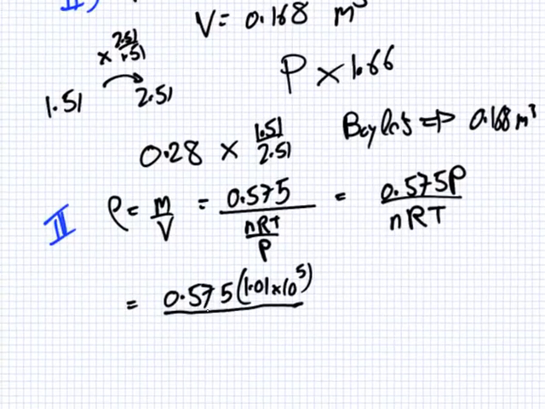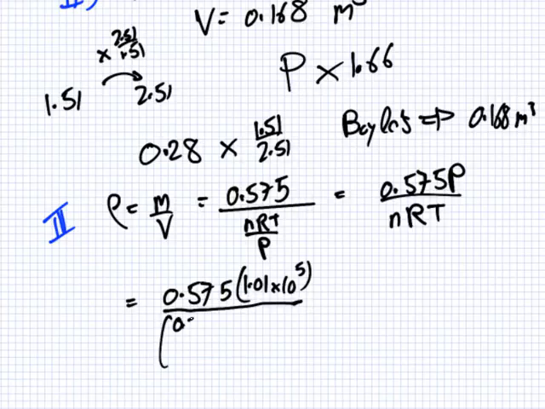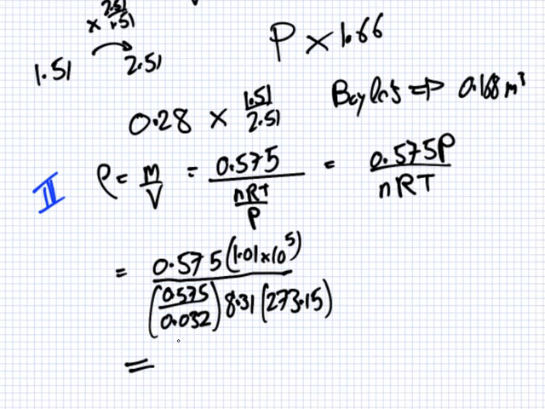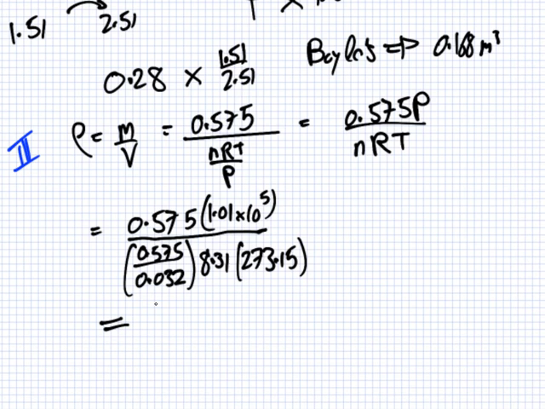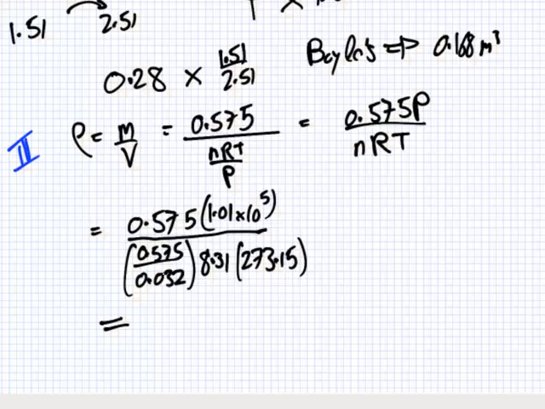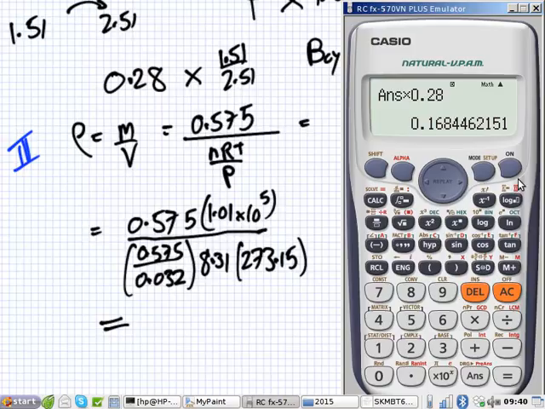We have the n from earlier, it's 0.575 over 0.032. We know the R, of course, and the T is 273.15. Yeah? What were you thinking, Ian? No, I just thought the n was 0.575, but then I saw that. Yeah, divide the area.